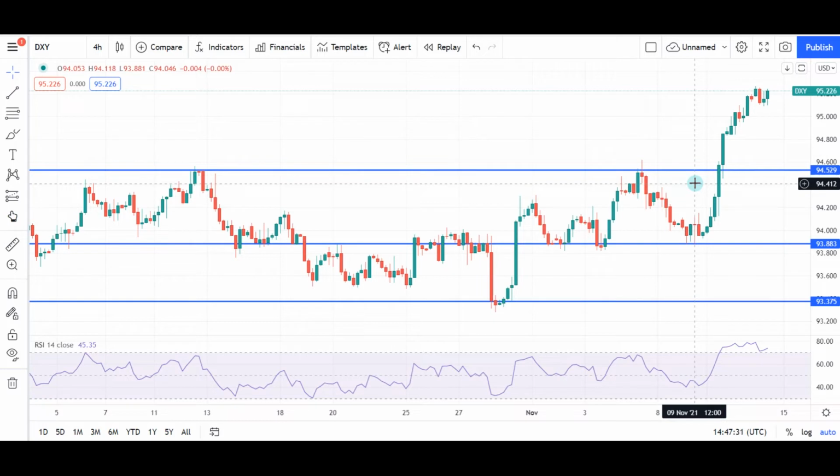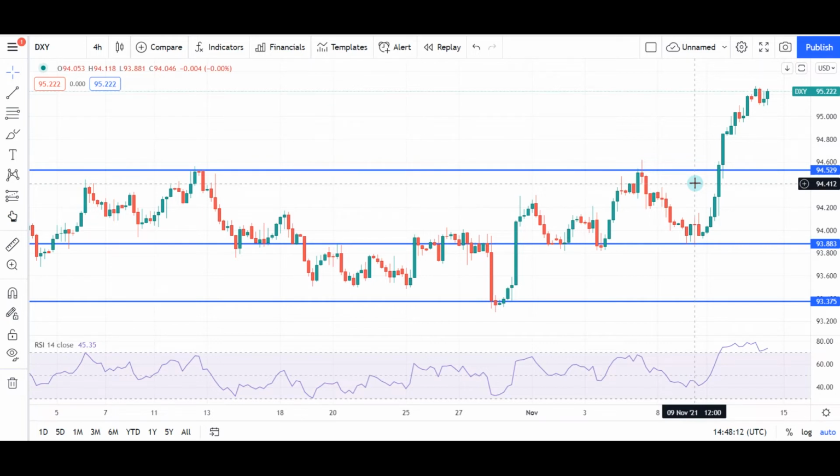I will explain another part of the story. If interest rates go higher, then international investors, foreign bond investors, will buy dollars. So there will be more demand for the dollar, and if there is more demand for something, its price goes higher. Foreign investors buy dollars in expectation of this, and this creates the increase in the dollar index.